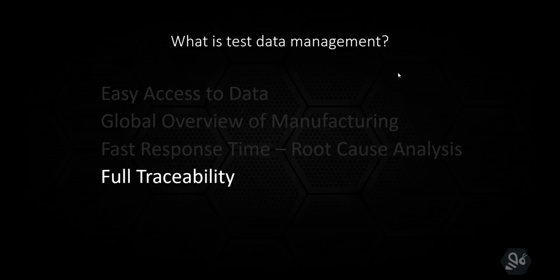Another one is traceability, to see what has happened to the actual products: how many times have they been tested, have they been repaired, what is the connection between units, do you have a module with sub-units inside of it.